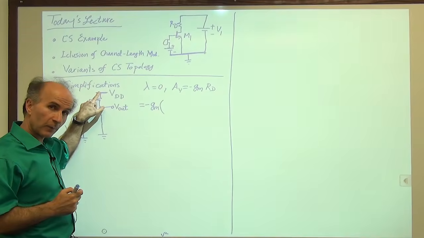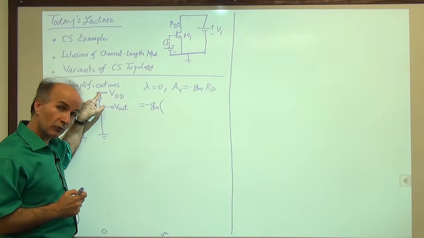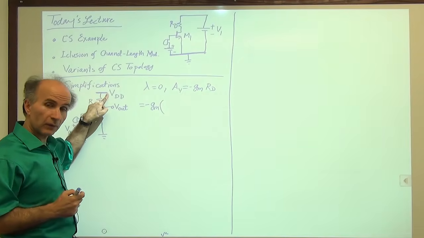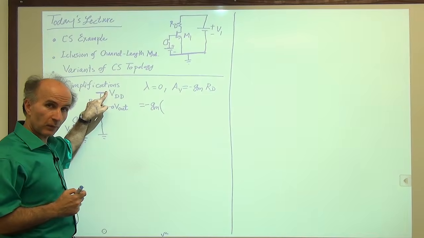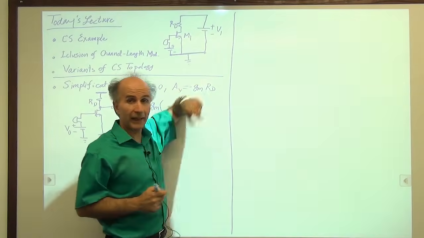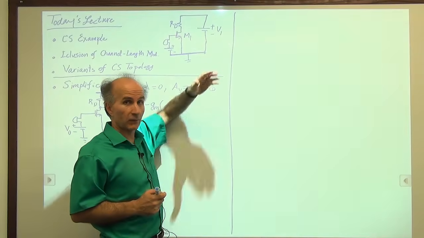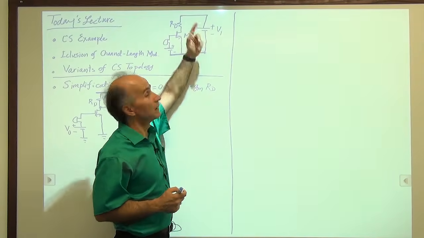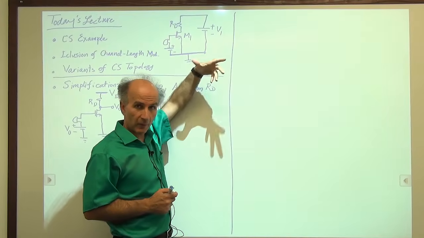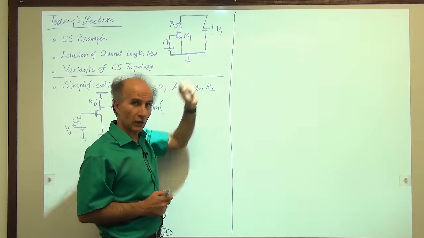Now, if you remember, this point was the AC ground in the small signal model. In the small signal model, we shorted this to ground because the battery became a short circuit here. And that's what we call an AC ground. DC-wise it is not ground. It has some voltage on it, maybe 2 volts or 1 volt. But AC-wise, from a small signal point of view, it is 0.